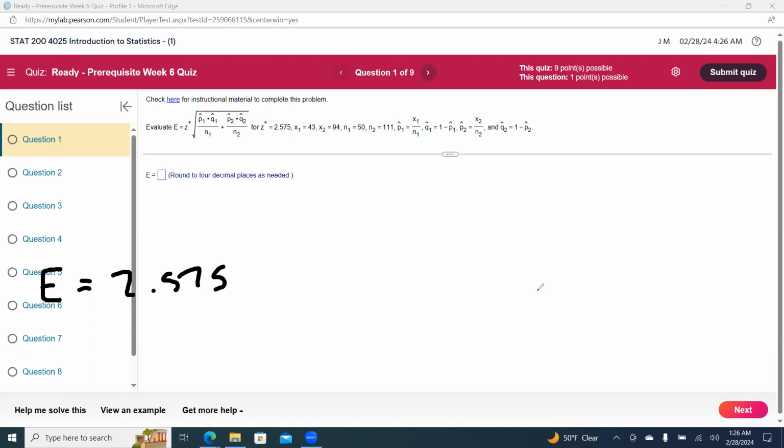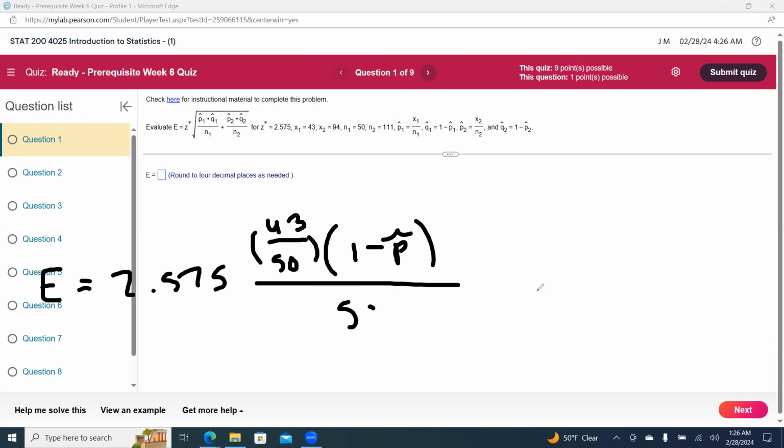What is P hat 1? Oh, they make us do all of that in there. That's a lot. Okay, so P hat 1 is 43 over 50. And then this is going to be 1 minus the answer, and then N1 is 50.